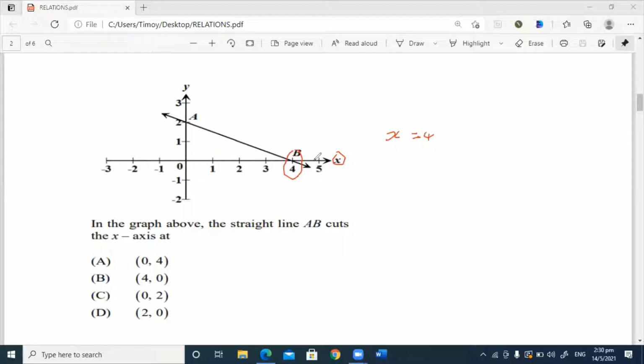What's the corresponding y component? When x is equal to 4, y is going to equal 0. There's no movement, right? So the point is going to be 4, comma, 0. So which option is that? 4, comma, 0 is going to be B.